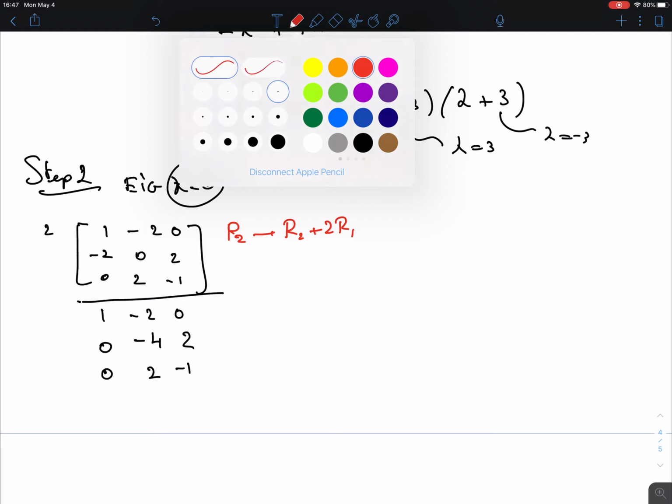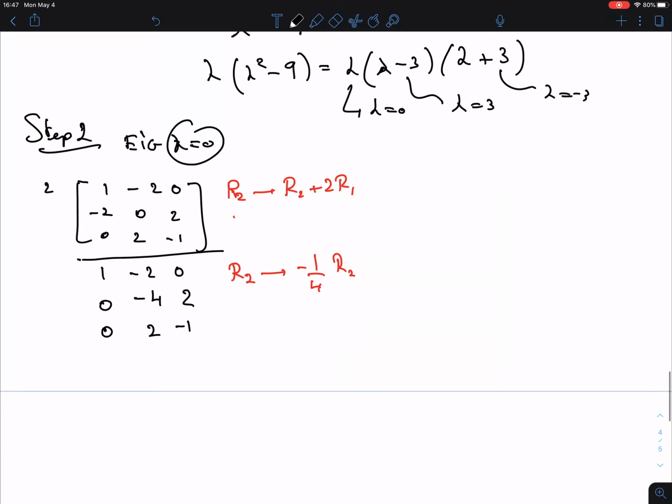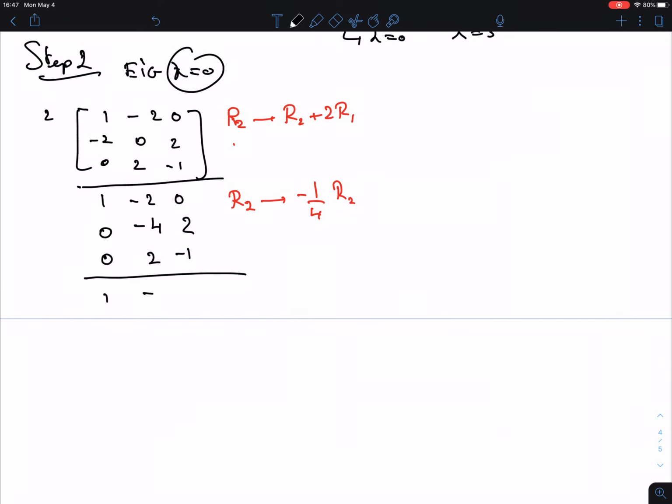It's not surprising that we're going to have some fractions here, so we're going to divide by negative 4. And we get 1, negative 2, 0, 0, 1, minus a half, 0, 2, negative 1.